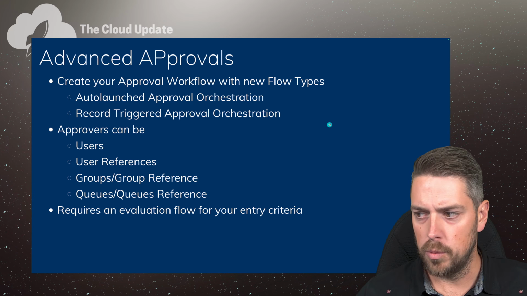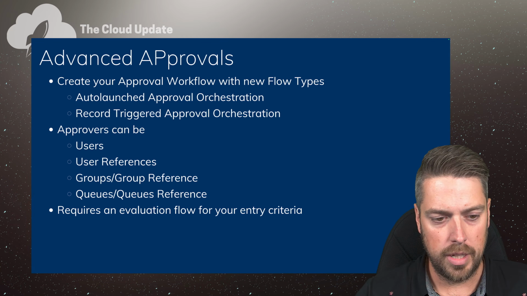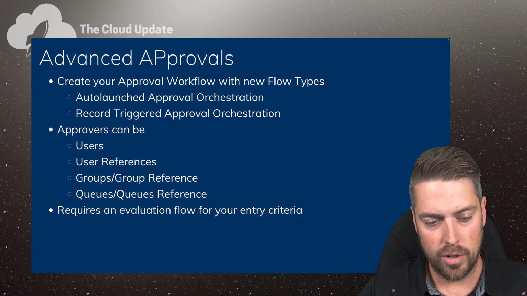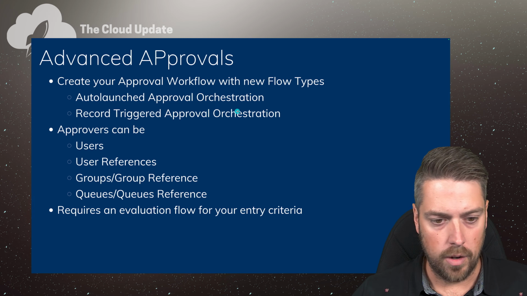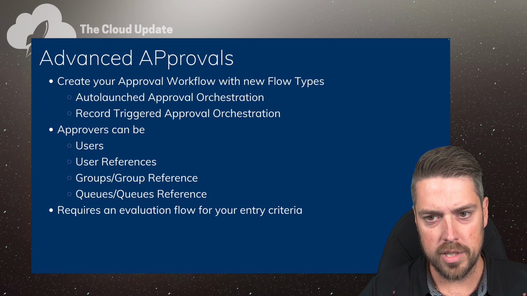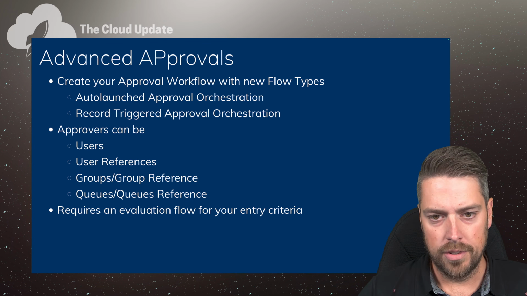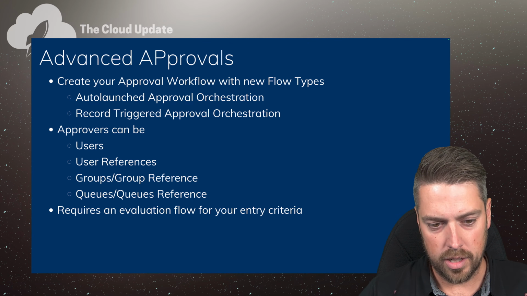Approvers, and we're going to see this when we set up the flow, can be users or user references. They can also be groups, which we had in the previous version of advanced approvals, and they can now also be queues. Obviously the approval workflow itself is a flow orchestration, so you potentially need multiple subflows to handle everything downstream.